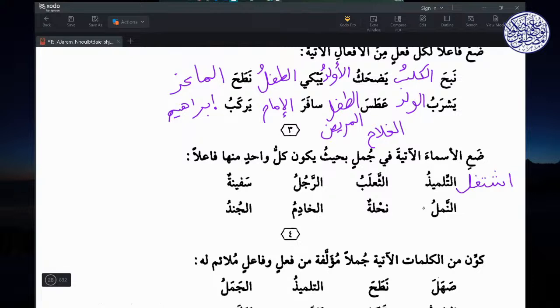Here the brother Abdurrahman bin Khalid said darasa, right? You could say yadrus, definitely, because it doesn't matter if it's present tense or past tense, madi or mudari, doesn't matter. So you could say yadrusu.